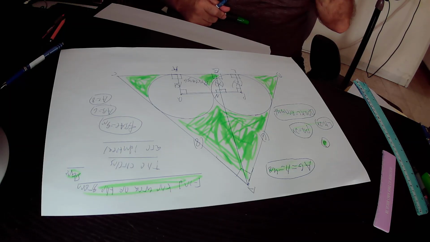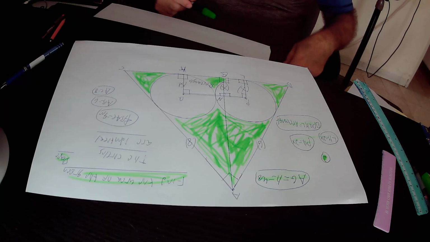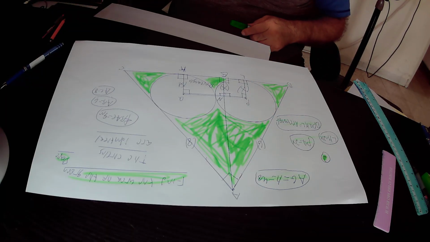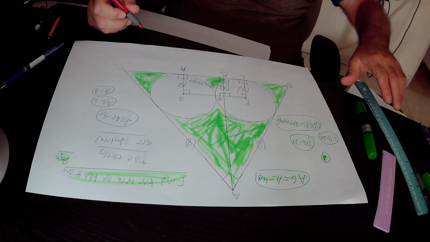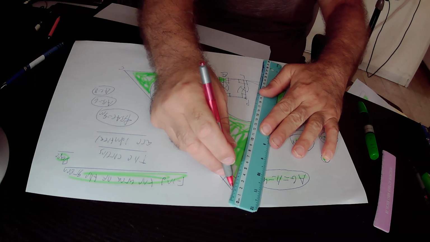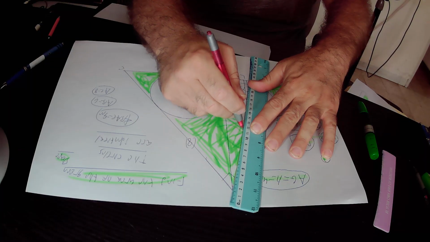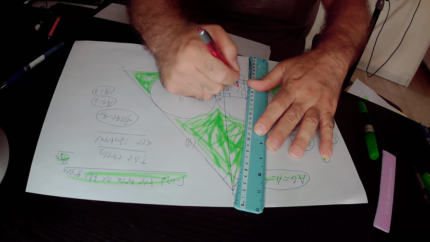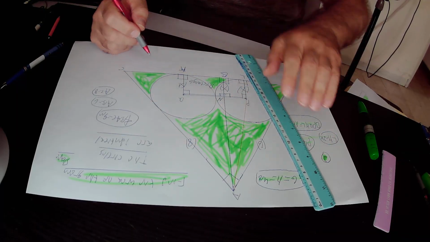In the next step, we join points A and P together by a straight line. And we join points A and Q together by a straight line.